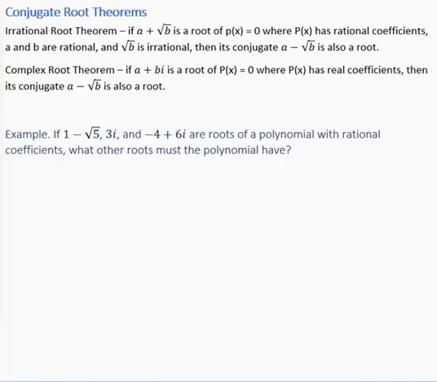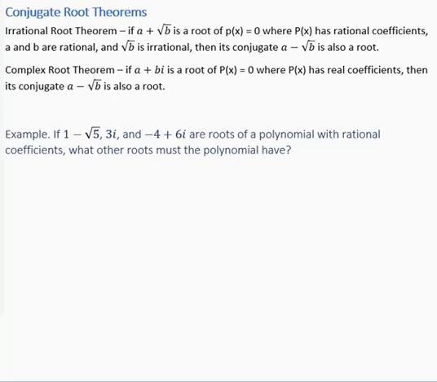There's 2 other theorems that we have here that kind of come together. There's the irrational root theorem and then the complex root theorem, and what it says is if a plus root b is a root, then its conjugate will also be a root.